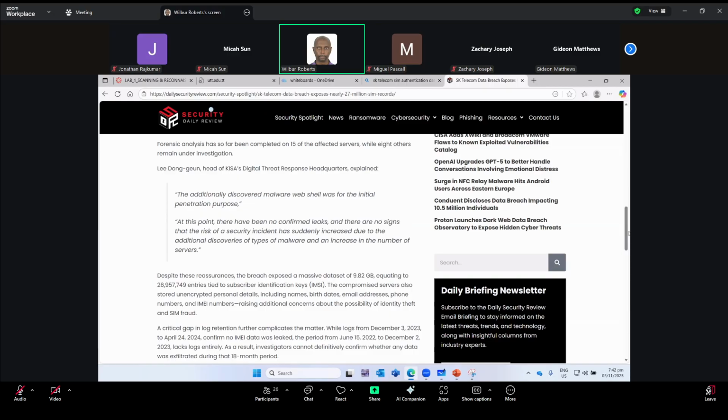So, for instance, somebody said that the confidentiality of people's data was breached. Good. And in the narrative here, I saw unencrypted personal details such as names, birth dates, and email addresses. That shows where the confidentiality was breached.